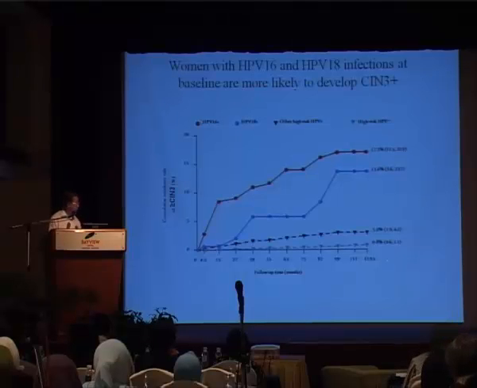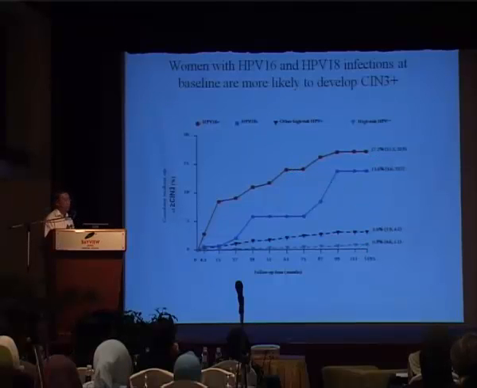with cancer development. You can see in this chart the risk of developing CIN3 or more severe lesions in the follow-up of women with positive HPV subtypes, and the red line shows you HPV 16. Cumulative risk over 10 years is approximately 17% of them will develop CIN3 or more severe lesions.